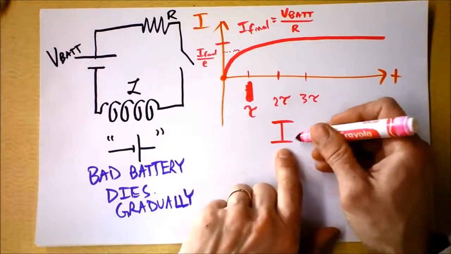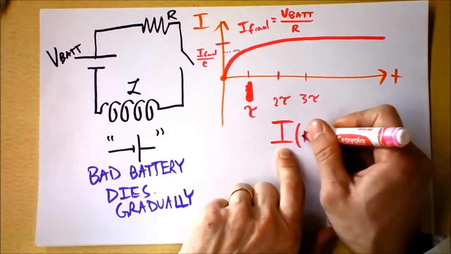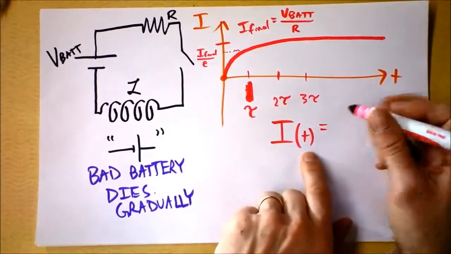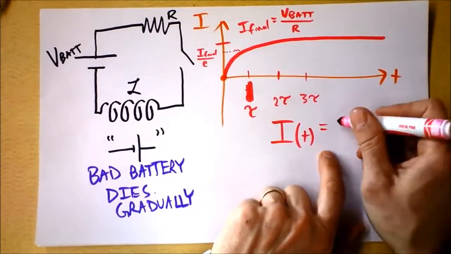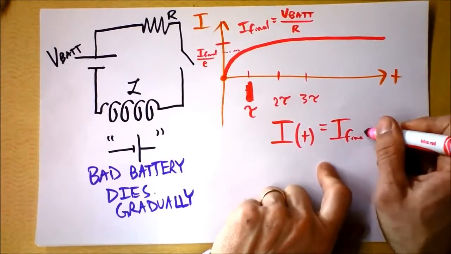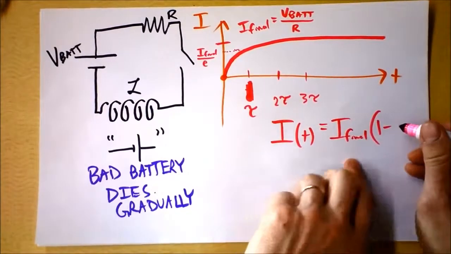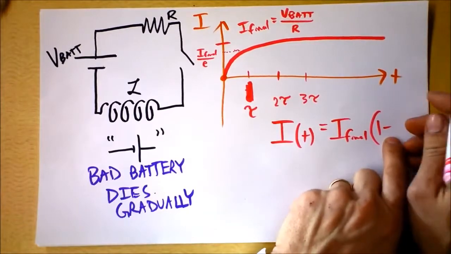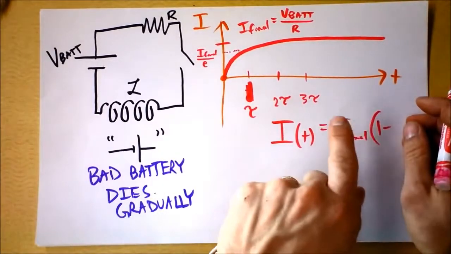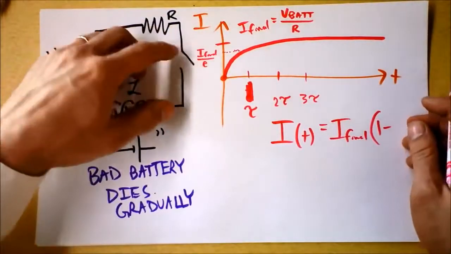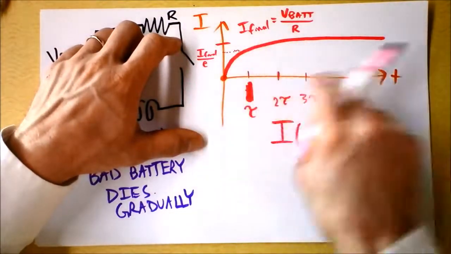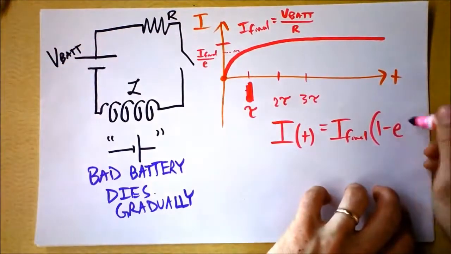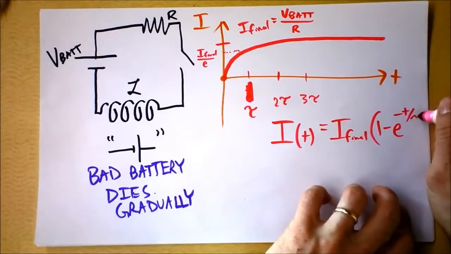And so I'm going to say that current as a function of time, this doesn't mean I times t, but current as a function of time, it's going to be I final times 1 minus something that starts at 1 and then gradually dies, because this looks like that flipped over. So we'll say e to the minus t over tau.